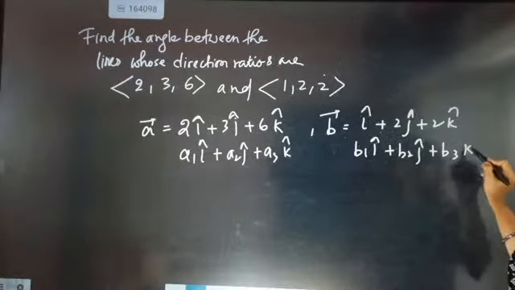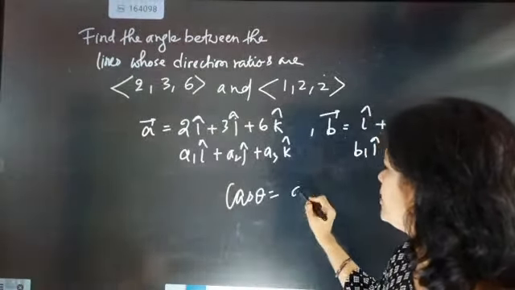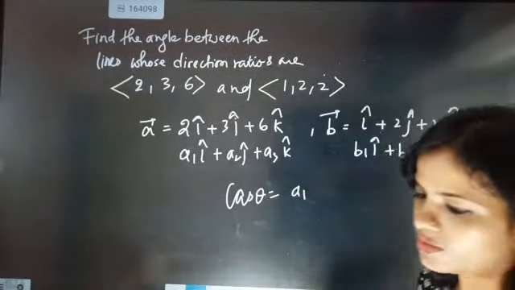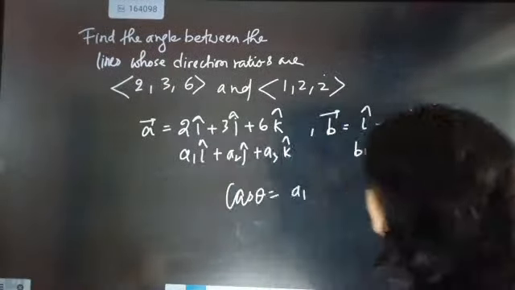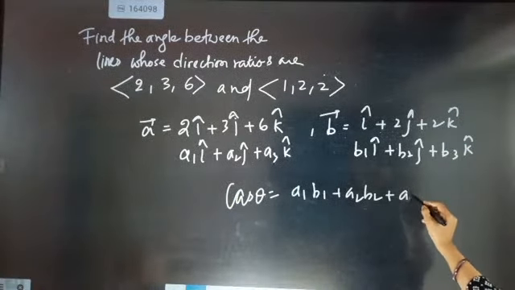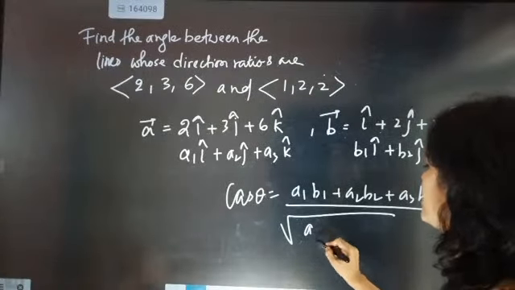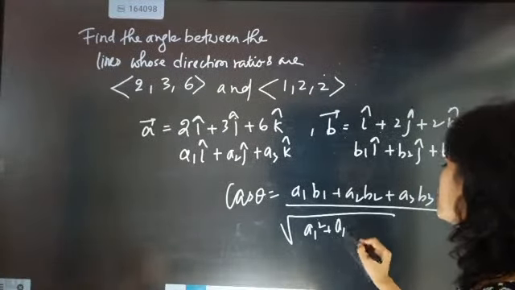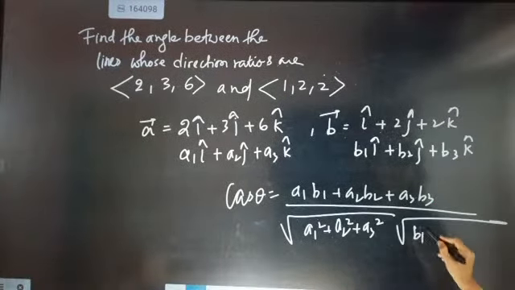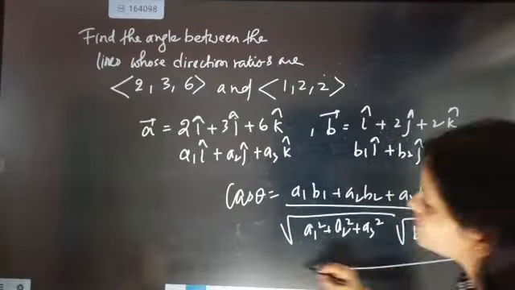For that formula I am writing cos theta will be equal to a1 b1 plus a2 b2 plus a3 b3 by root under a1 square plus a2 square plus a3 square, root under b1 square plus b2 square plus b3 square, and this will give you the angle.